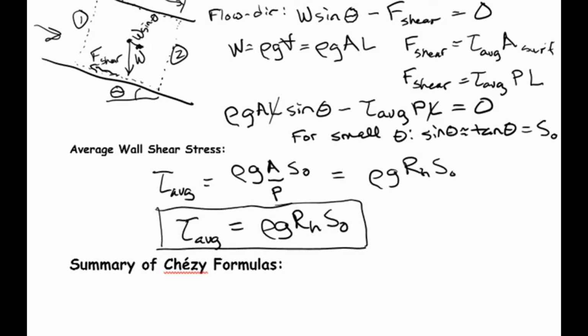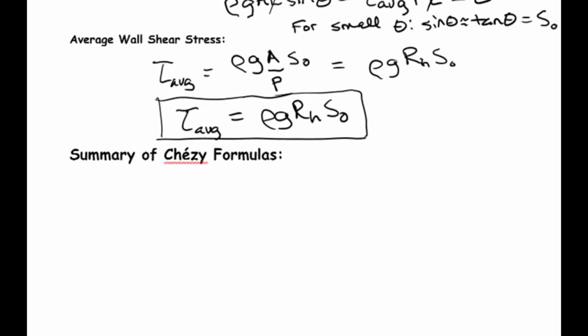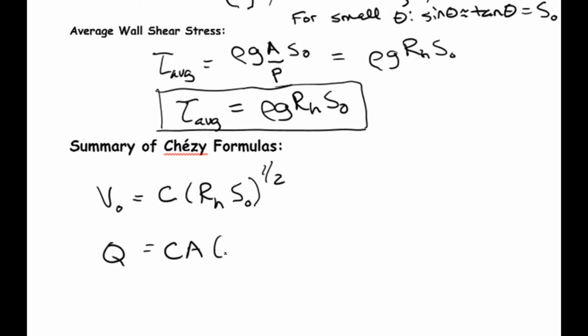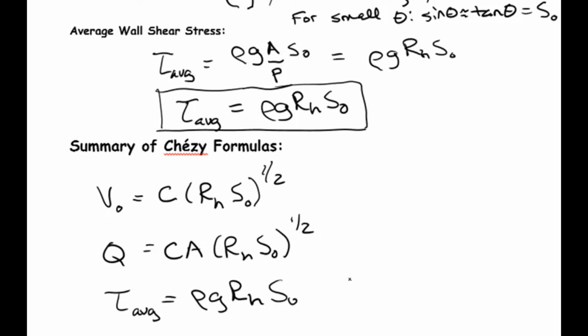All right. And then let's just summarize these equations that we got so we have them all in one place. We've got velocity is equal to C times (R_H S_O) to the 1/2. Our flow rate is equal to C A (R_H S_O) to the 1/2. Our shear stress on average over all those surfaces is rho g R_H S_O.